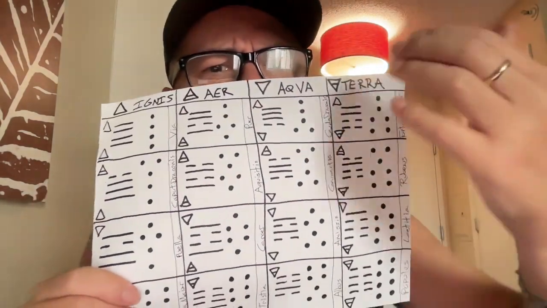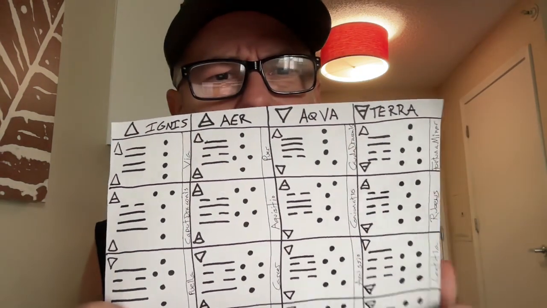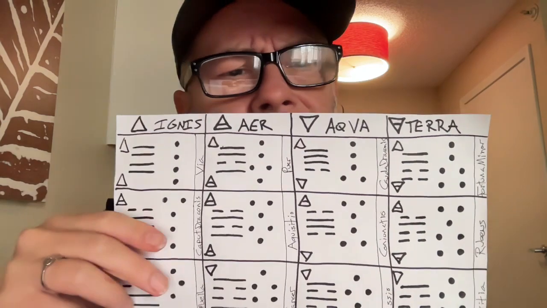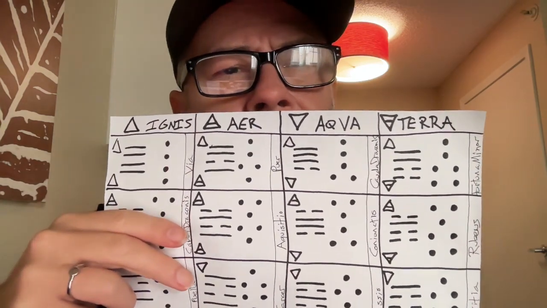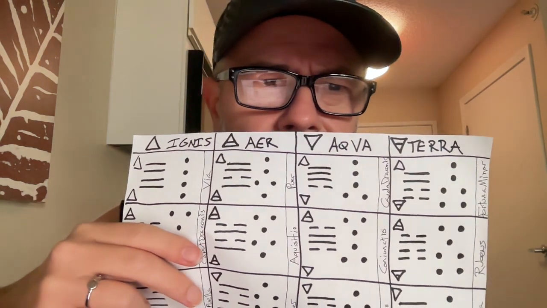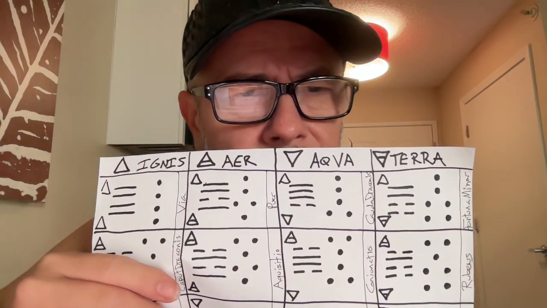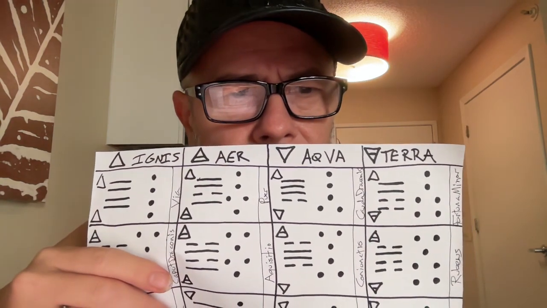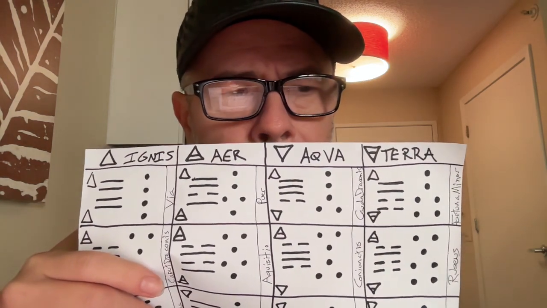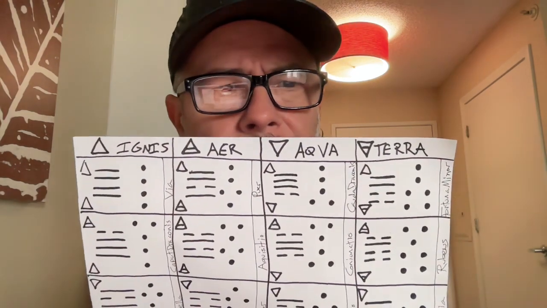So these are the 4 elements, but I've written them in Latin, because why not? You always like varied terminology, because this symbology reached across centuries and languages, and it goes well with the 16 geomantic figures, which have Latin names most commonly.